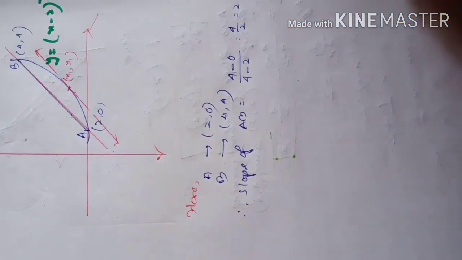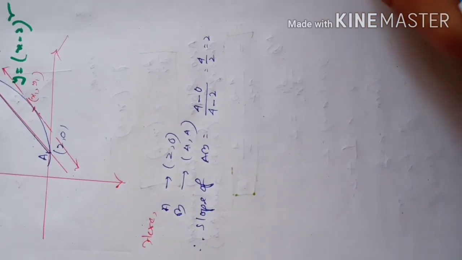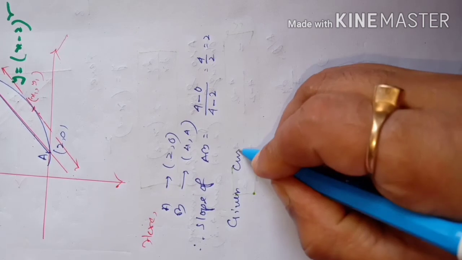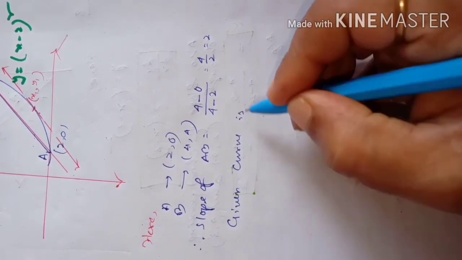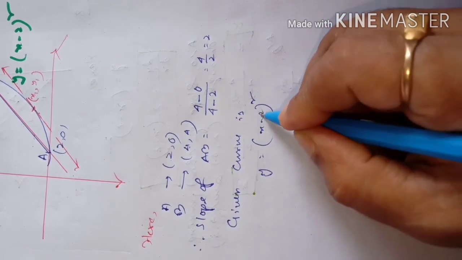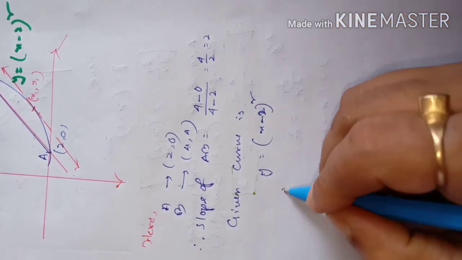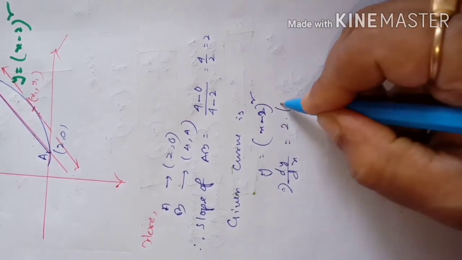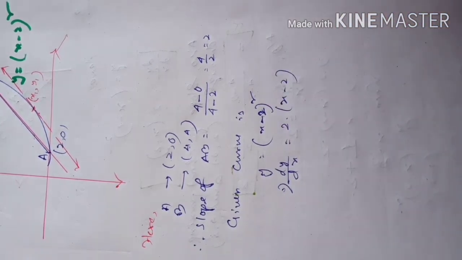This must also be the slope of the curve. The given curve is y equal to x minus 2 the whole square. Taking its derivative, dy by dx is 2 times x minus 2.